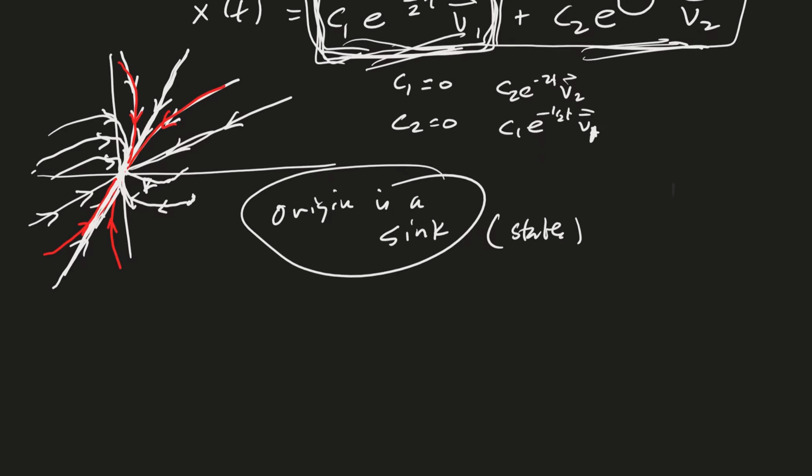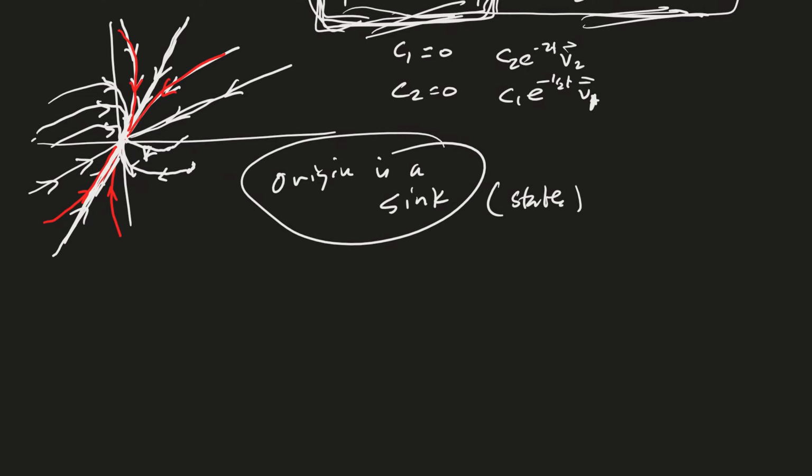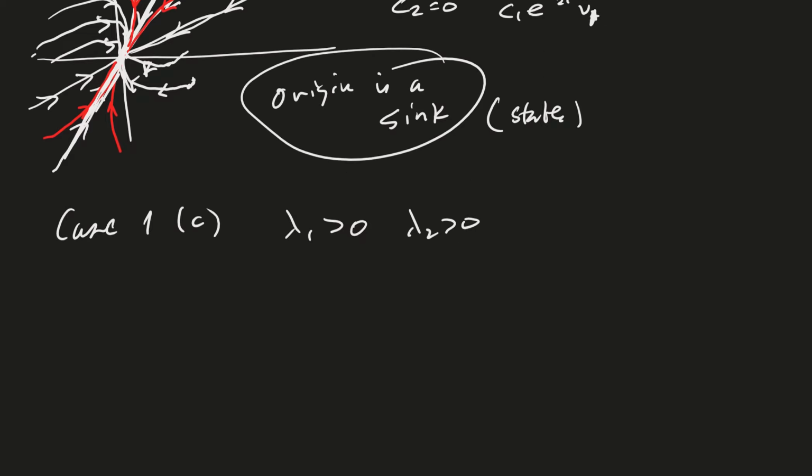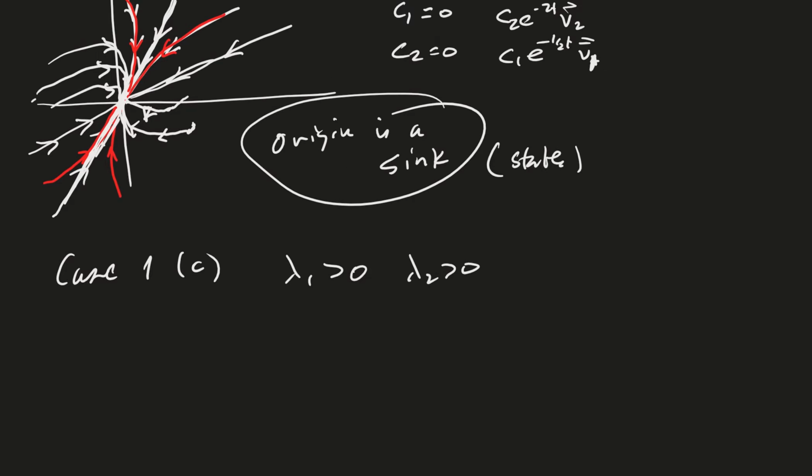Okay. And finally, case 1c, I guess we're on, right? Case 1c. If lambda 1 is bigger than lambda 2, well, if they're both bigger than 0, I guess is what I was saying before. Then what happens? Well, actually, it's the same picture as the sink. So let me draw that picture.